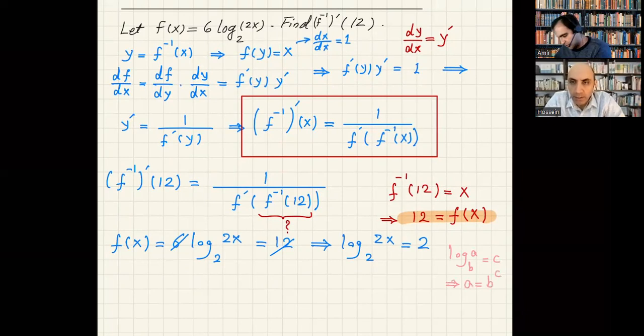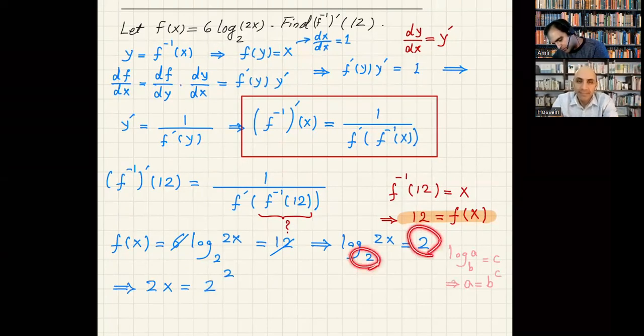Based on that, I can obtain 2x is equal to 2 to the power of 2. So it is 4, then x is equal to 2. So the unknown here is 2, correct?